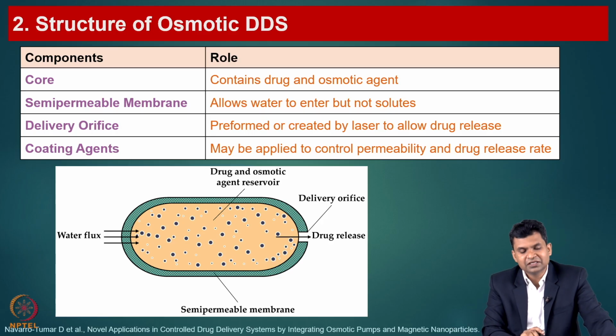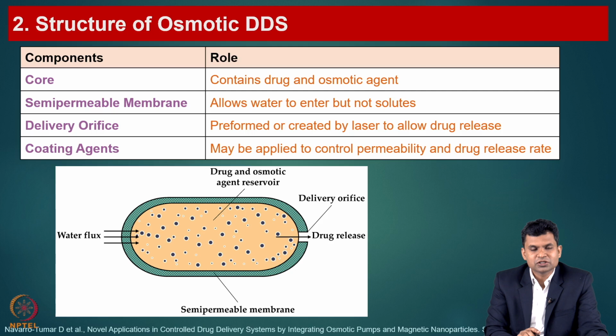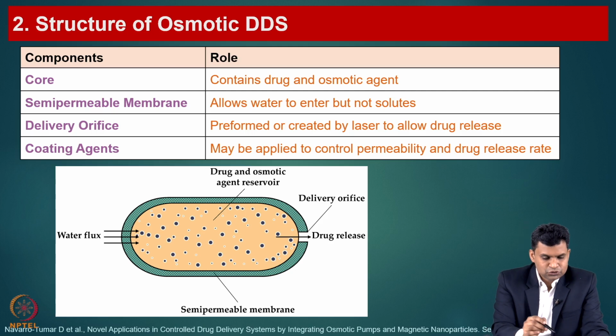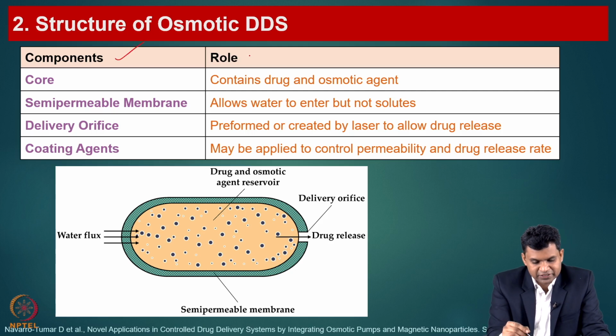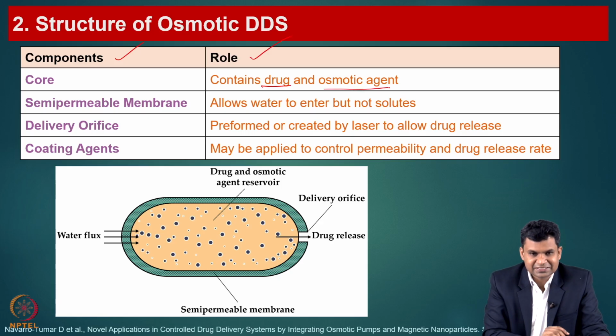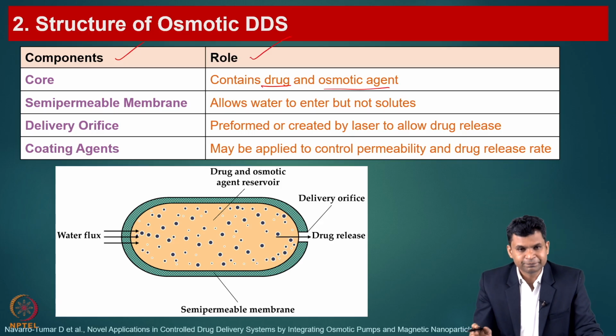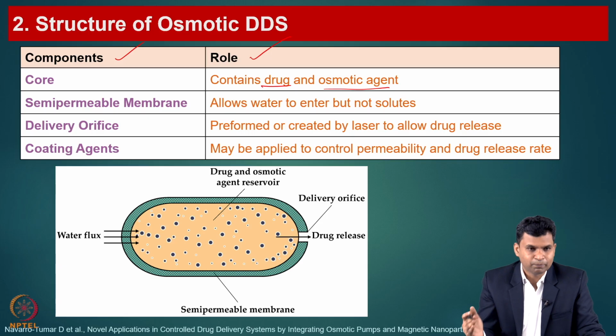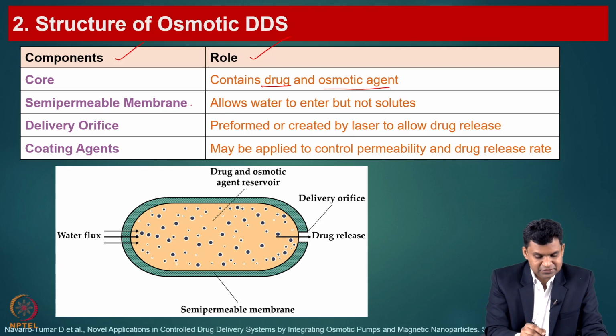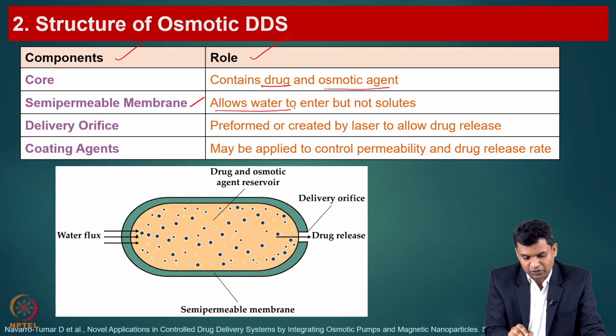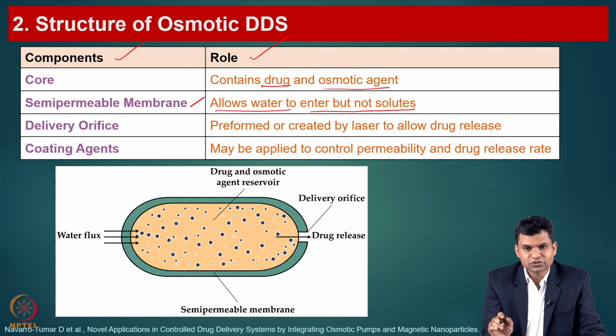Now, here you can see the structure of osmotic drug delivery systems. You can see these are the components and their roles, right. The core contains drug or osmotic agents. In some cases we use only a single layer, in other cases we use multiple layers, and multi-core systems are also possible. And here is the semi-permeable membrane, which allows water to enter, but not solute.